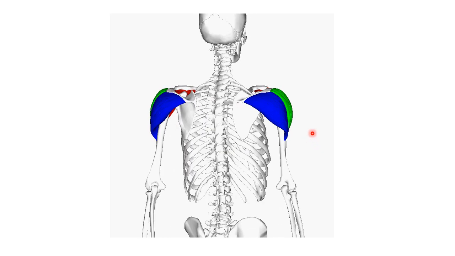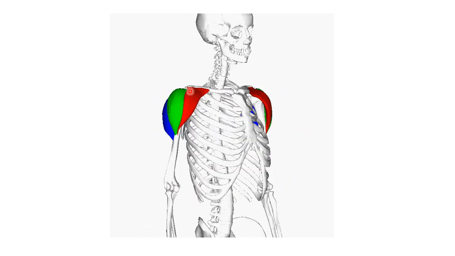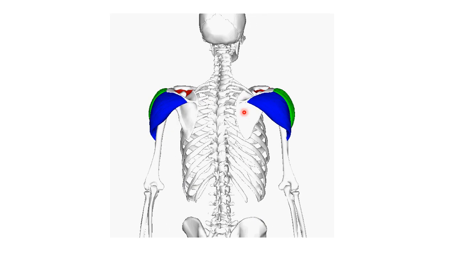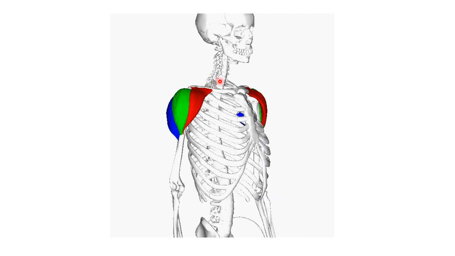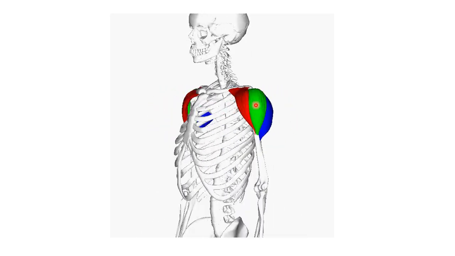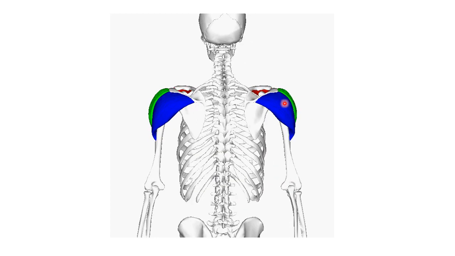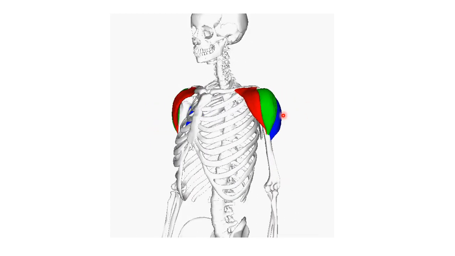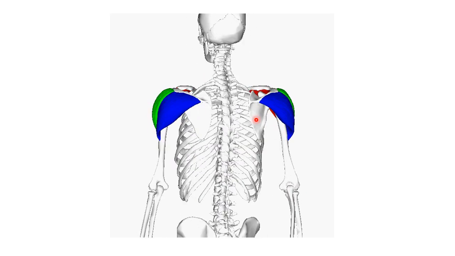Deltoid is divided into three fibers. The anterior fibers in red here, also called the clavicular part. The lateral fibers in green, also called the acromial part. And the posterior fibers in blue. All fibers converge and get inserted into the humerus.